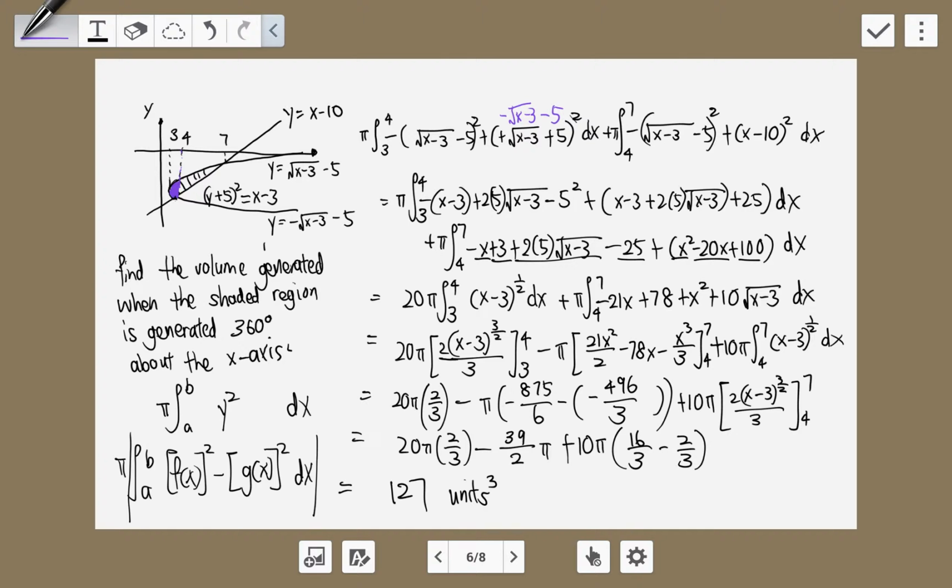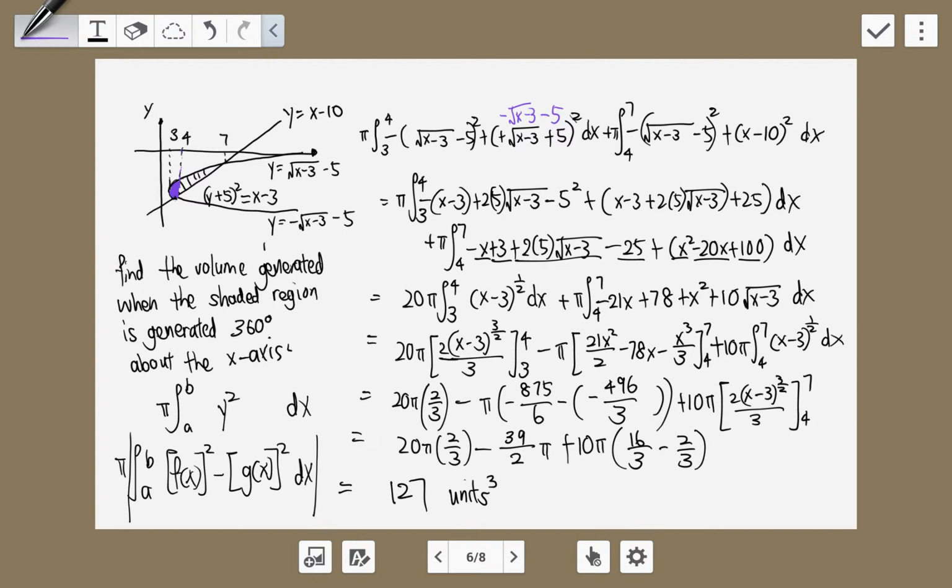Because if I factorize out minus 1 and square it, it is just 1. So it's the same as integrating this minus the square of this, and then putting a pi. It's just the method I have over here for finding the volume of solid generated.